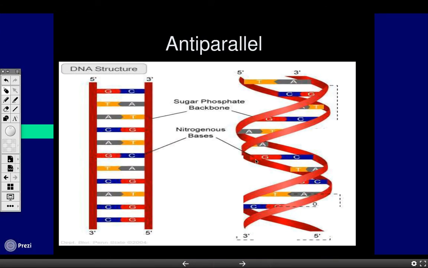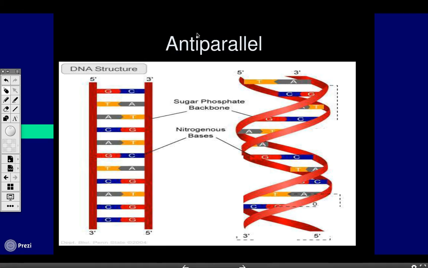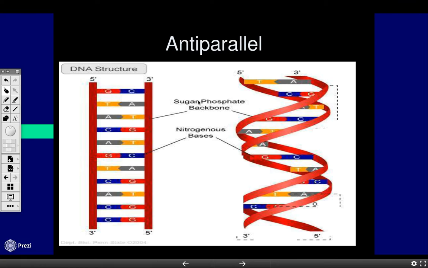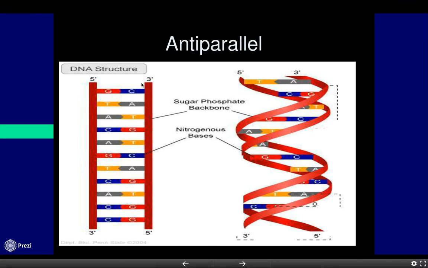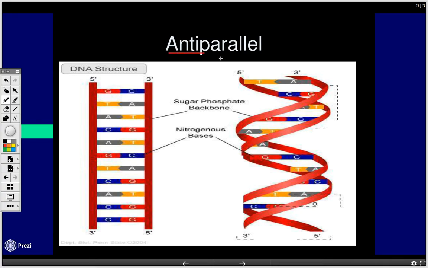So, one more thing about DNA is that DNA runs in a direction called anti-parallel. Anti meaning against, parallel obviously referring to that math term of running along the same direction.